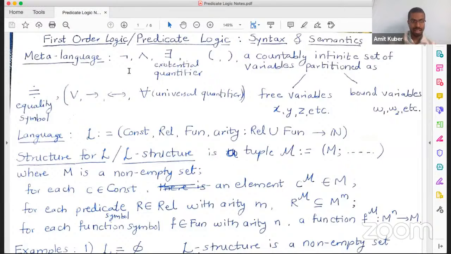A structure is also known as an interpretation for L, which means you interpret each symbol in your language. Each constant symbol is interpreted as an element, each predicate symbol is interpreted as a relation, and a function symbol is interpreted as a function. So this is an interpretation for all the symbols in the language.